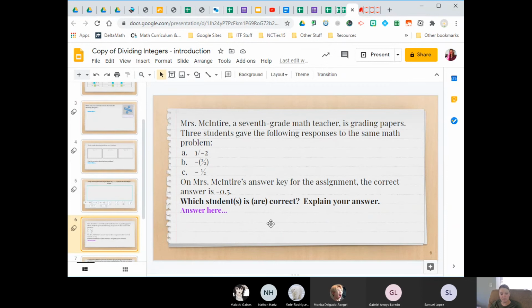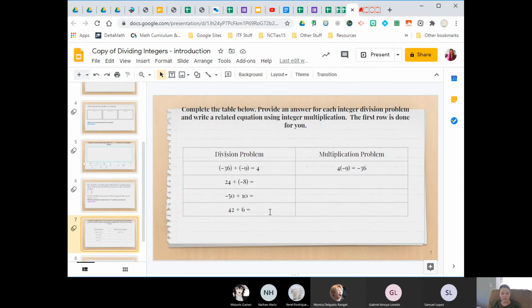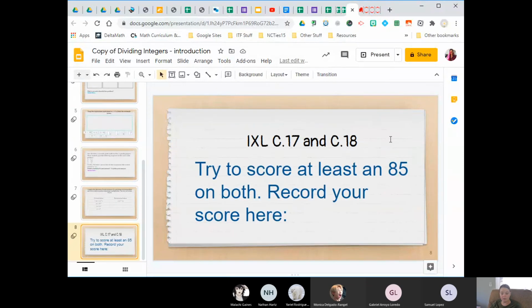Read the problem, answer the question, who is correct, why, and then you're going to complete the table below by changing these division problems to multiplication problems, and then you have 2 IXL you're going to do. So that is assignment 1.